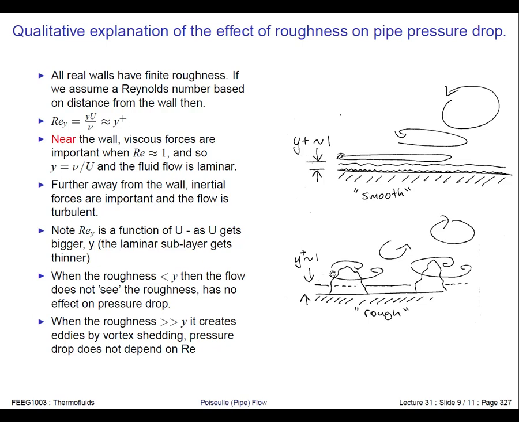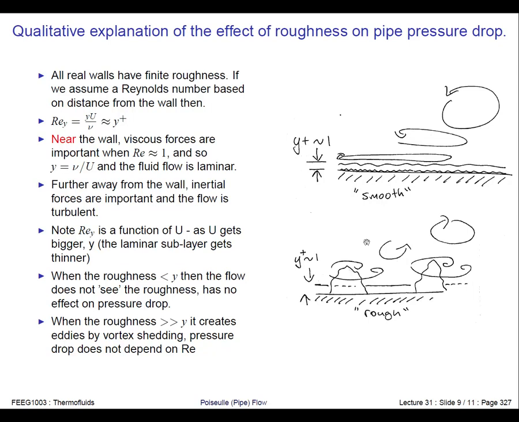And because they're in the turbulent region, you start getting vortices shed off these roughness elements, and these vortices that are shed actually go and create the turbulence. So this means that the roughness elements are generating the turbulence, not the flow.